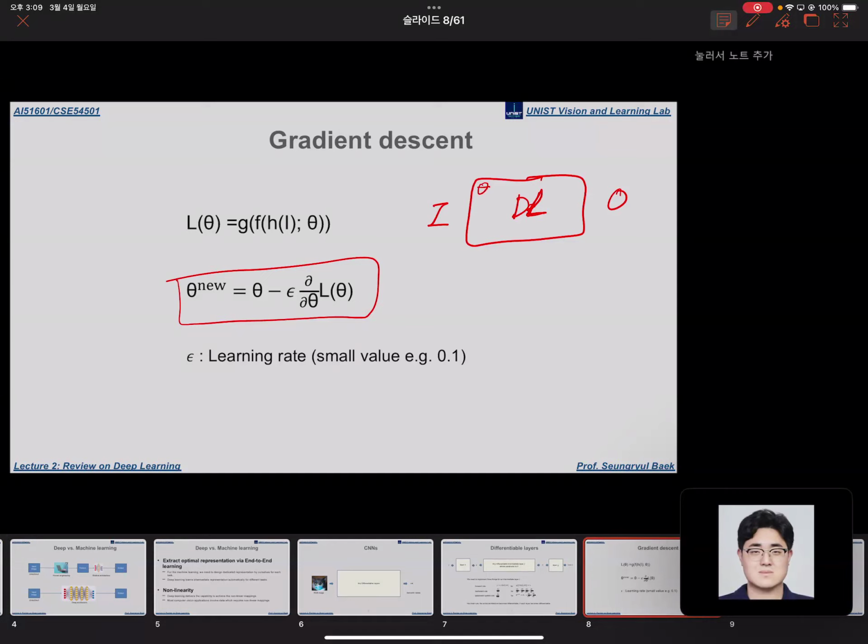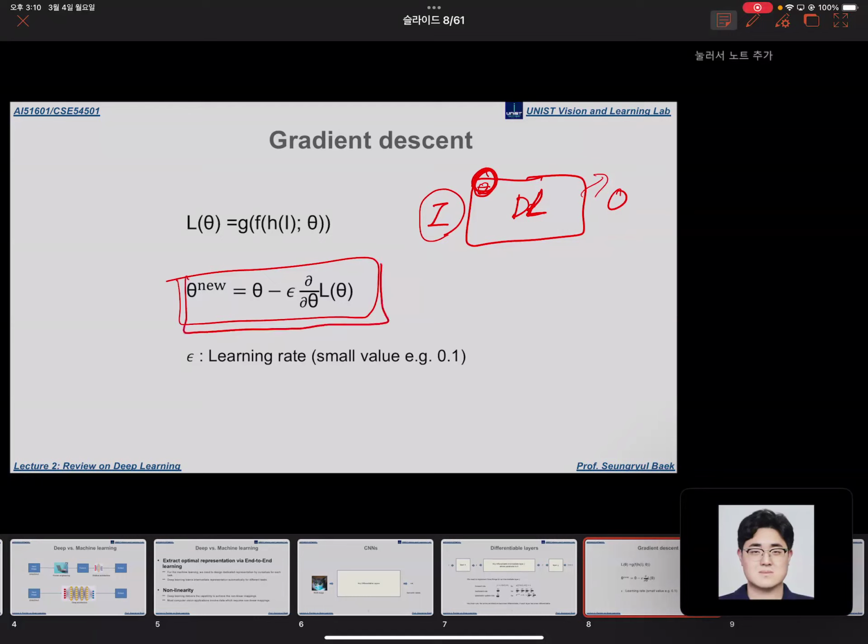We normally randomly initialize these parameters at the initial stage. Then if we input some image to the network, the output is some random value. It totally doesn't work. But by supplying training data and updating this theta value, it gradually starts working as we intended.